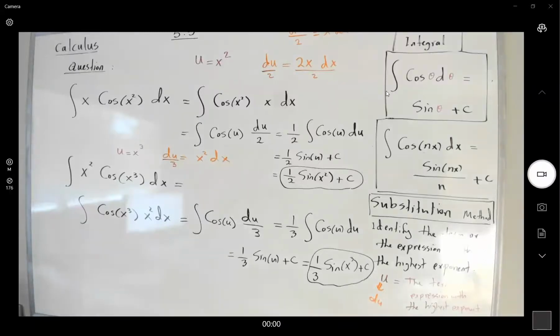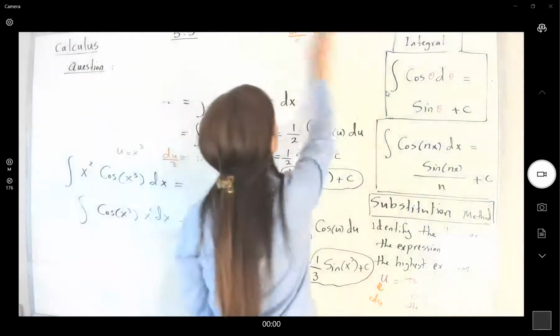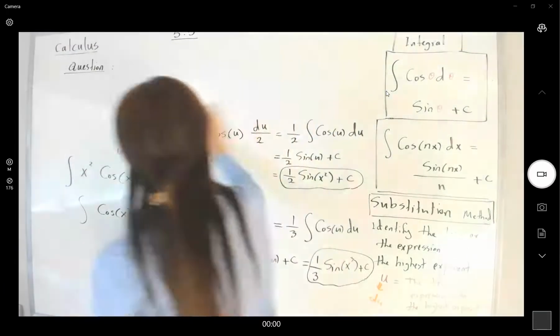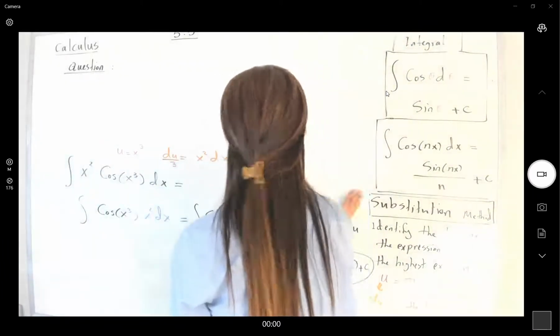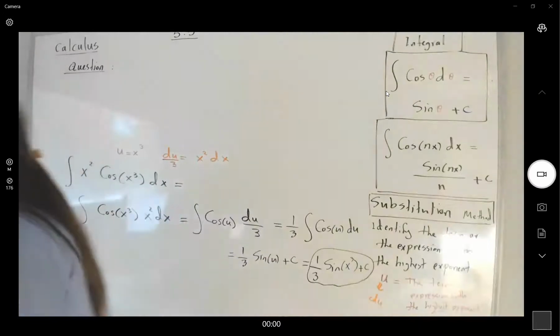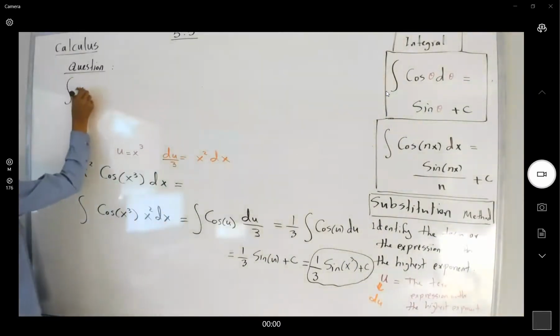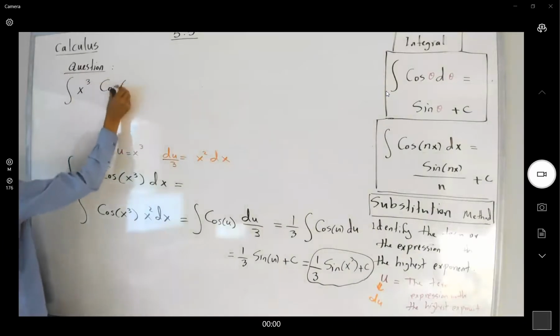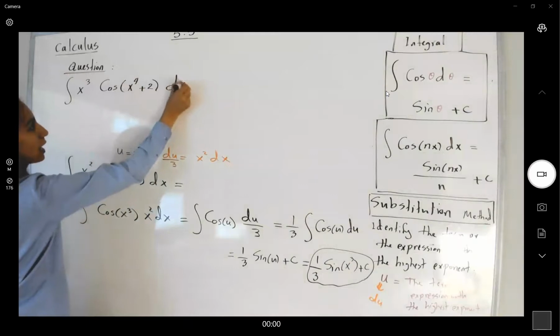So let us solve the last one. The last one was, I'm going to erase this, the integral of x cubed cosine of x to the 4th plus 2 dx.